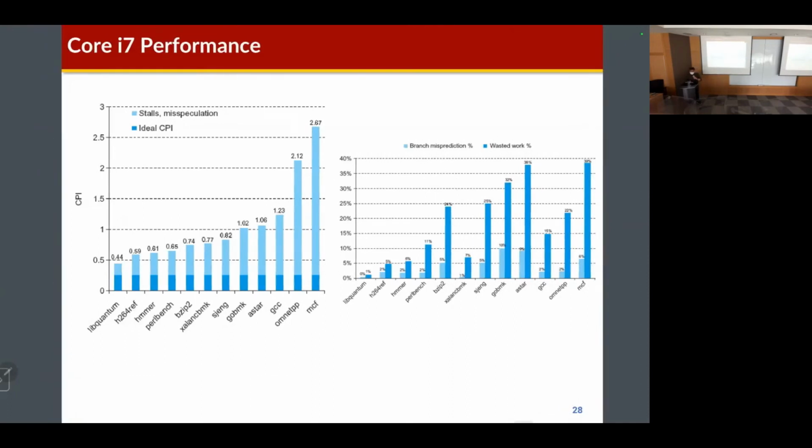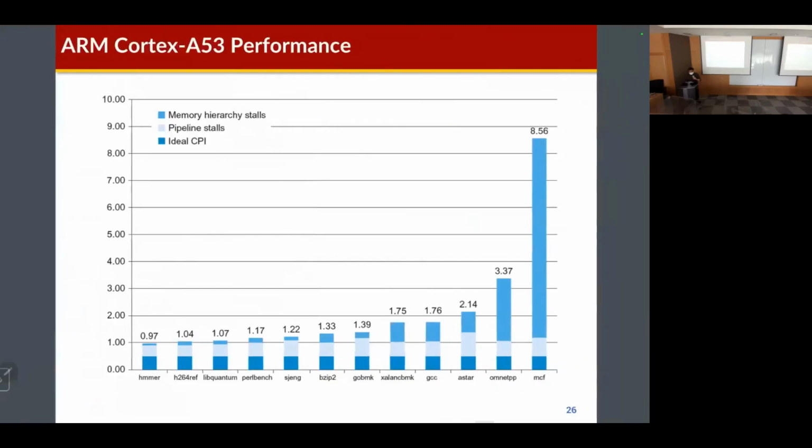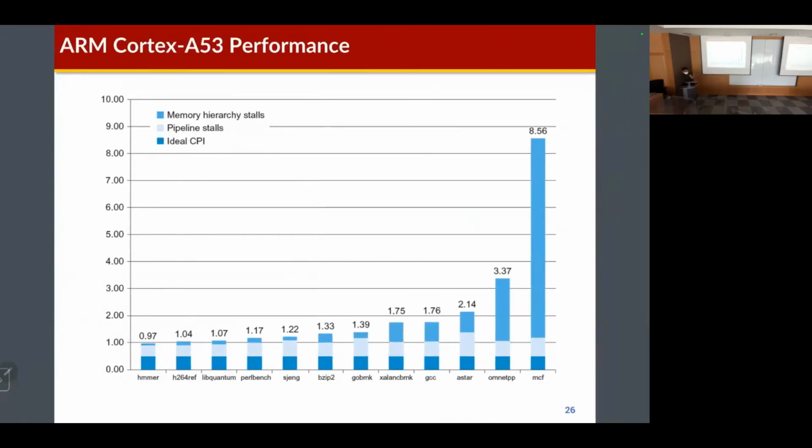This is the performance of the ARM Cortex A53, and this is the ideal performance. The ARM Cortex A53 executes 2 instructions per cycle, which means the CPI, clocks per instruction, is 0.5, right?